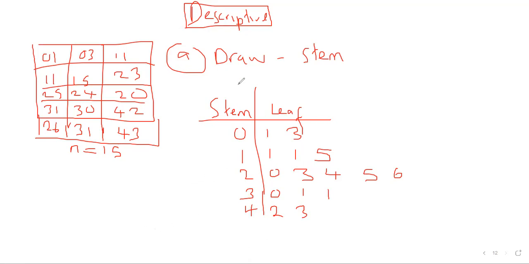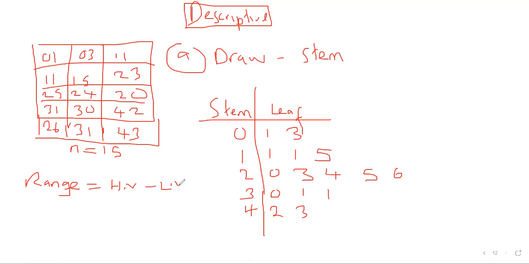Now, we are both revising and learning at this time, so please try what you're able to. From the stem and leaf diagram, help me identify the range. We subtract the lowest value from the largest value.